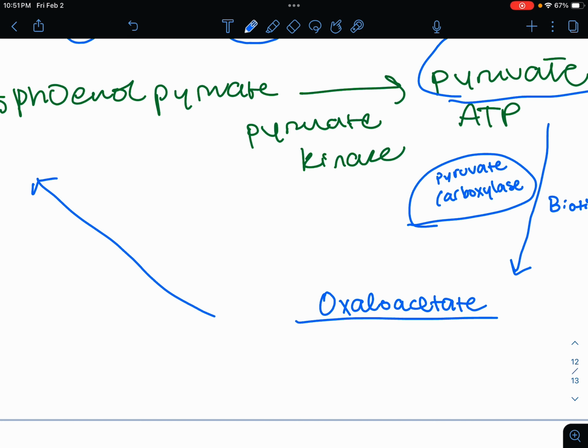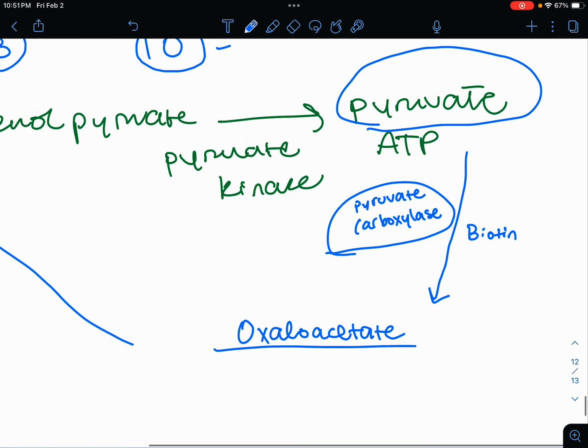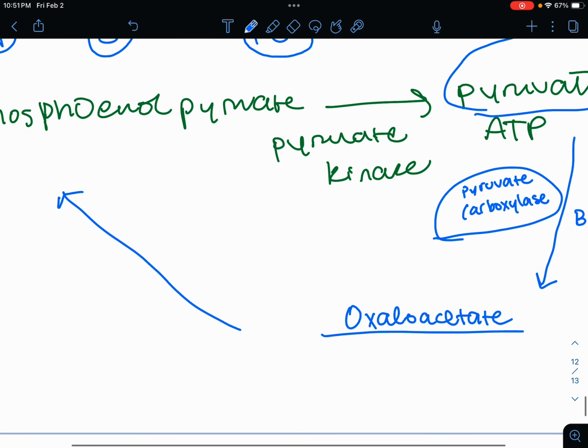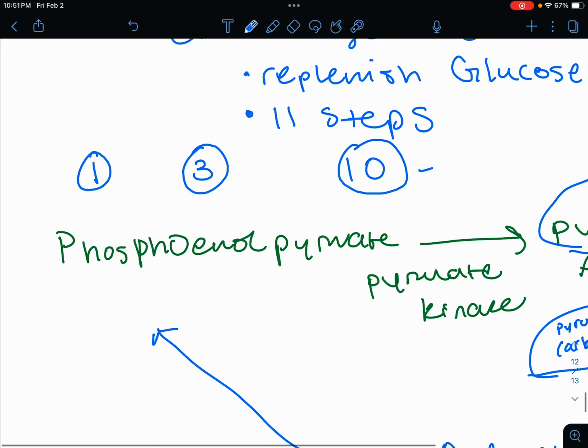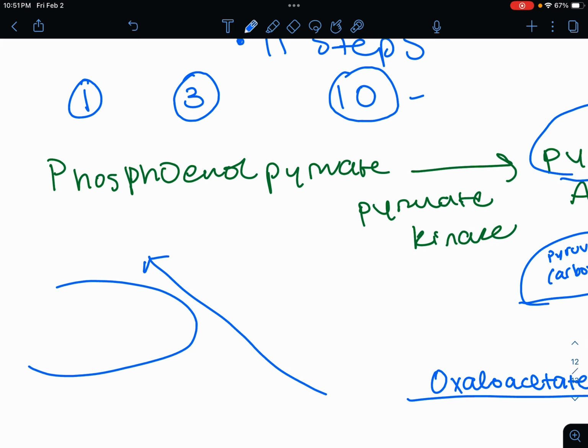So once we get from pyruvate, using pyruvate carboxylase, to oxaloacetate, we can take our oxaloacetate to phosphoenolpyruvate via a different enzyme. This time we're going to be using PEP carboxykinase.